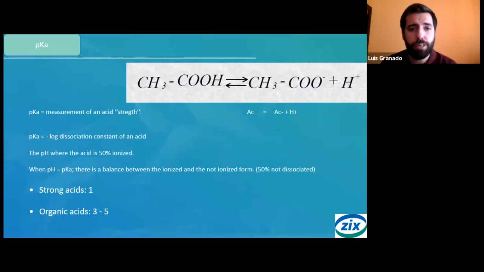The concept is the K, or the dissociation constant of an acid, and its measurement that we will see as the pK of an acid. This constant will establish how the acid will work, all right?